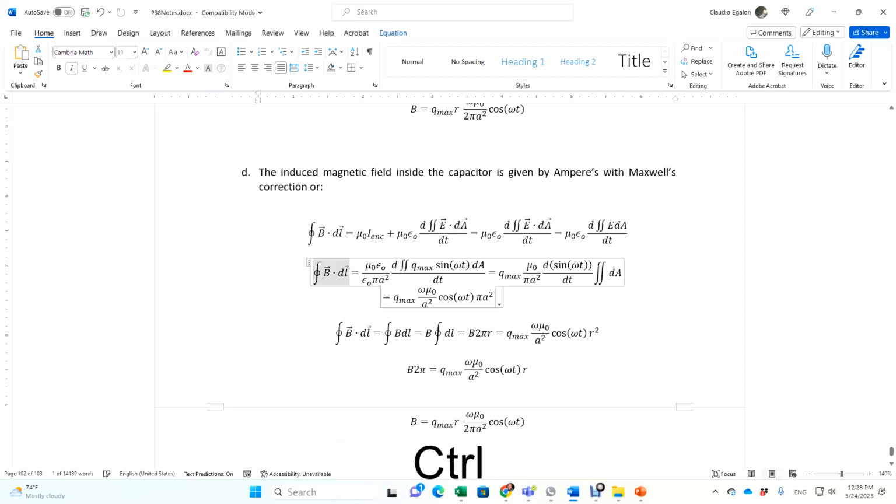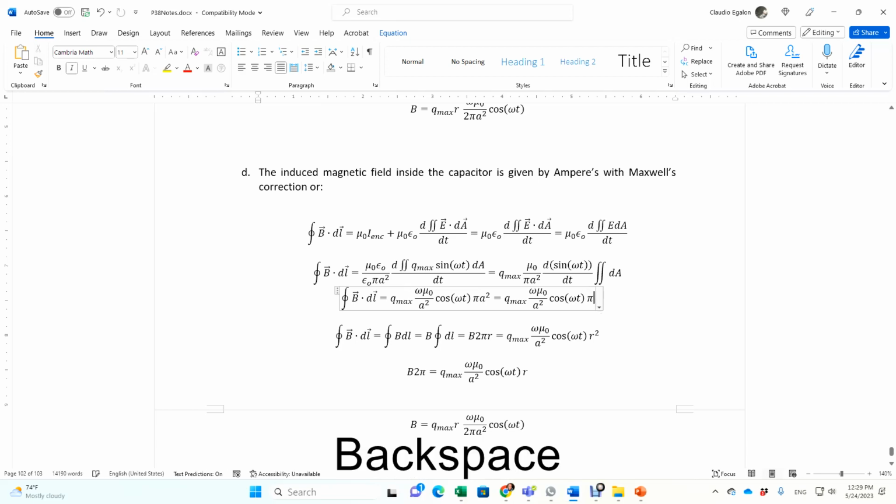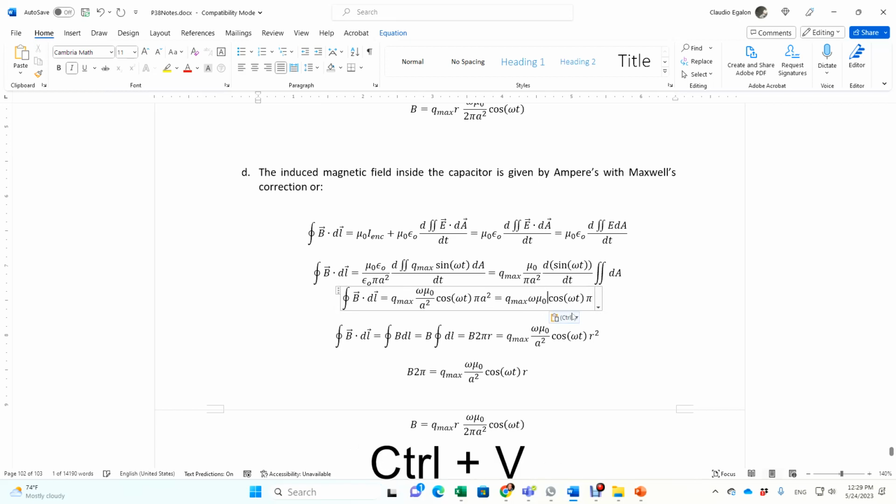Can we go to the next step? Yeah, we can. The a squared cancels out with the other a squared. Pi is going to be here.